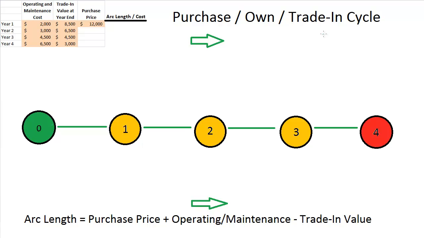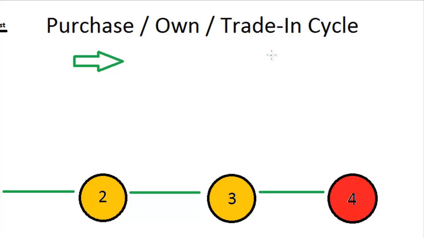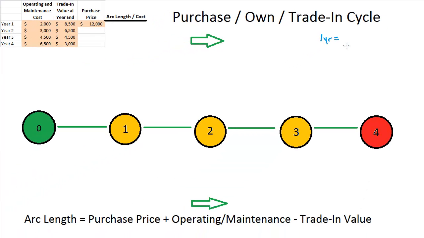Okay, so for a 1-year arc, we have a purchase price of $12,000 plus an operating and maintenance expense of $2,000 minus the trade-in value a year from now, which is $8,500.